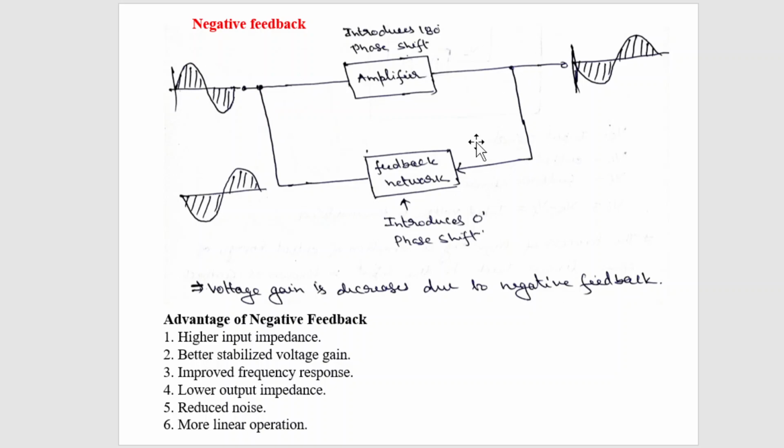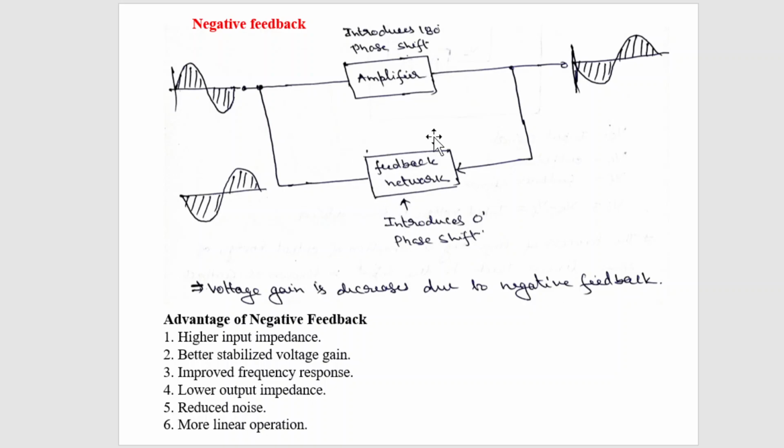As I have shown in the circuit, here input and output are both out of phase, a 180-degree phase change is there, and we want this input signal and feedback signal to be in opposite phase. So we are feeding this output signal through a feedback network, and this feedback network should not introduce any phase change. That is why I have written here that it introduces zero phase shift.